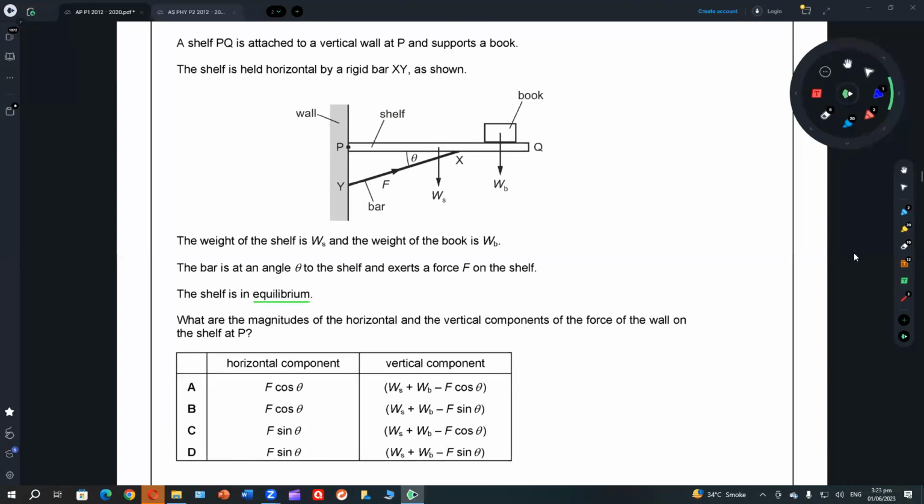So we should update the diagram. What is this force F?